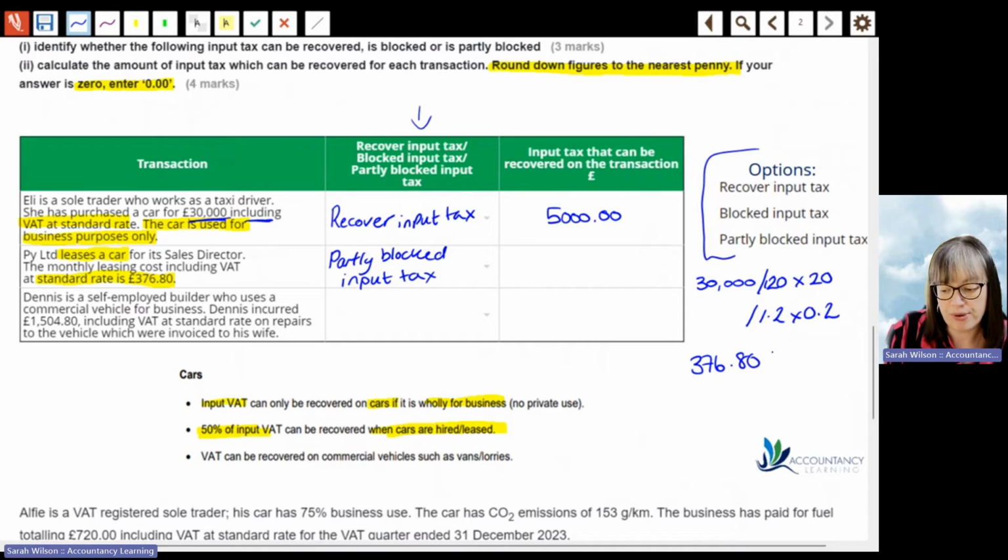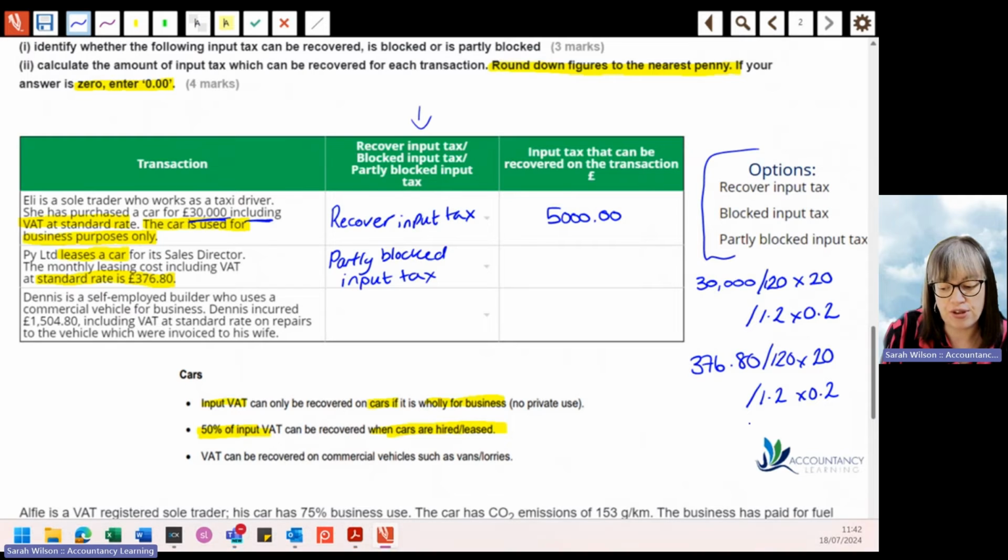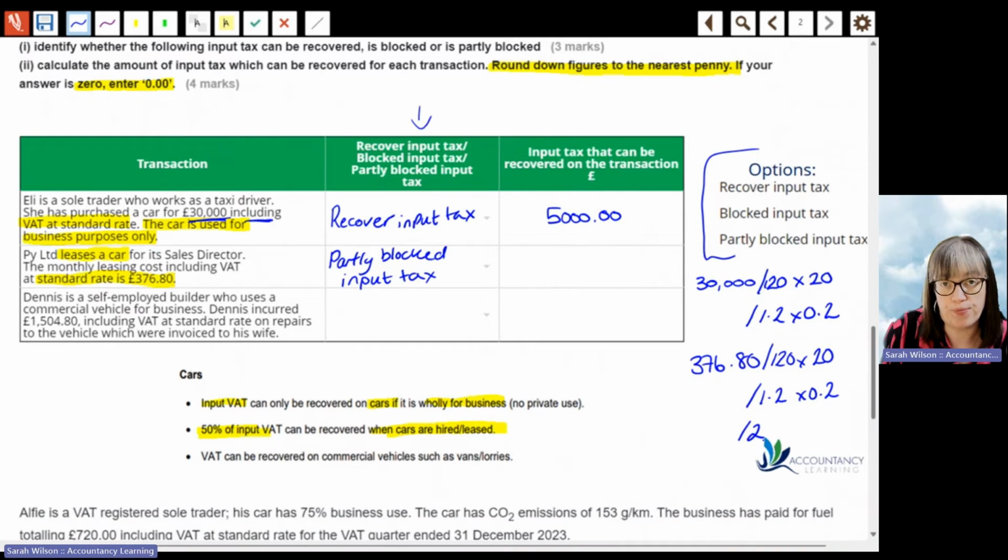So again, we would either divide it by 120 multiplied by 20, or divide it by 1.2 and multiply it by 0.2. But remember, we're only doing 50%. So you then have to divide it by 2, which would give you a figure of £31.40.